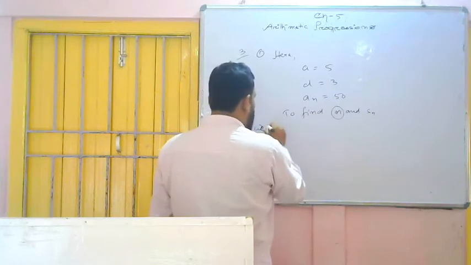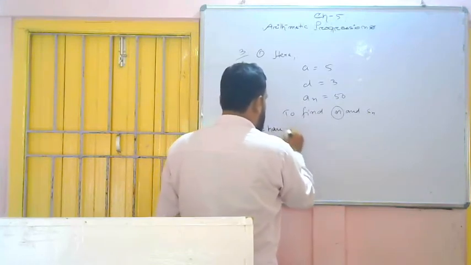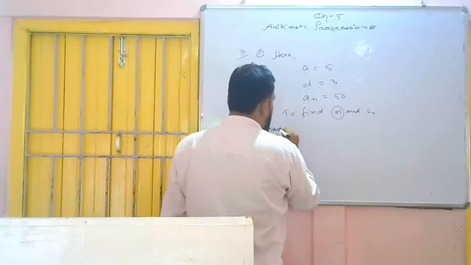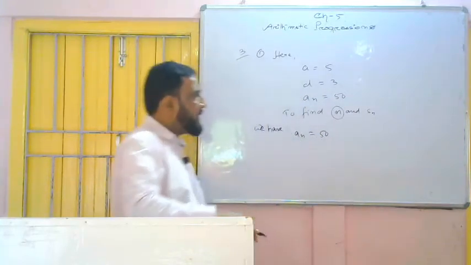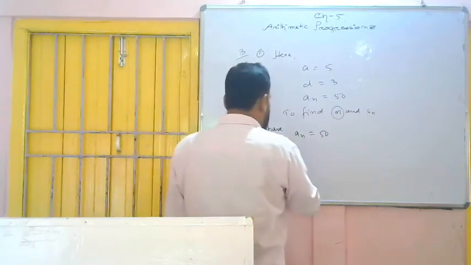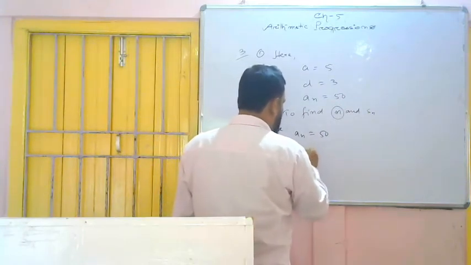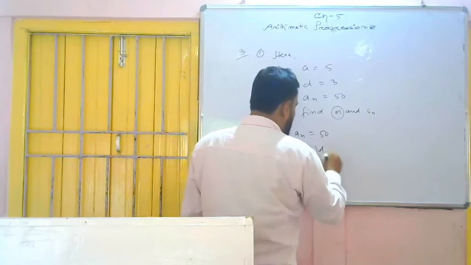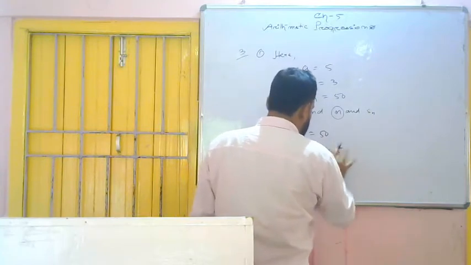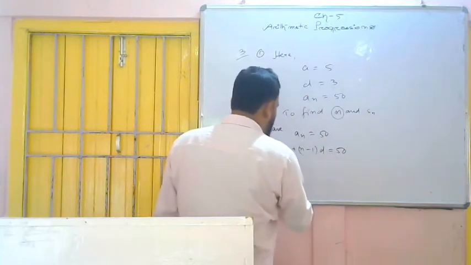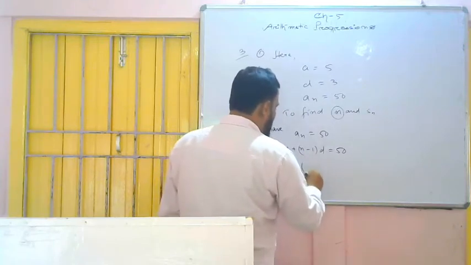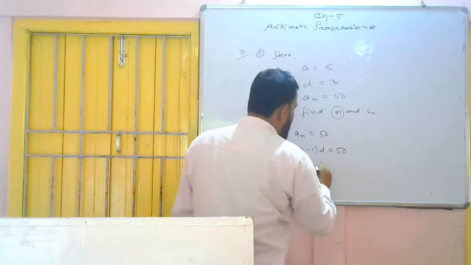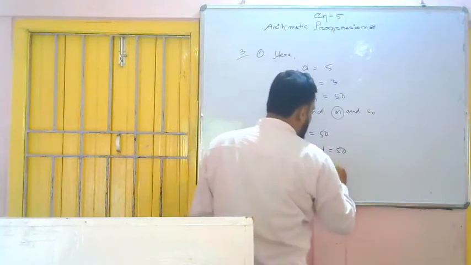We have an is equal to 50. Now what is the formula of an? a plus n minus 1 into d is equal to 50. Put the values of a and d. What is a? 5 plus n, don't know, minus 1 into d, 3 is equal to 50.